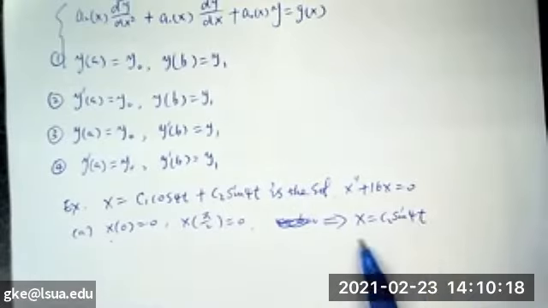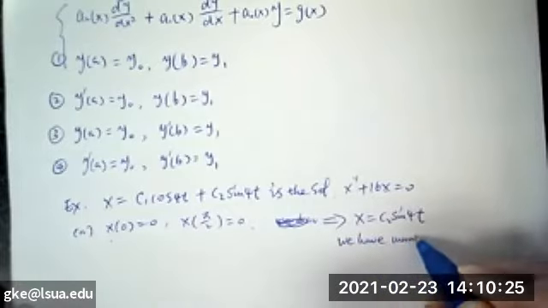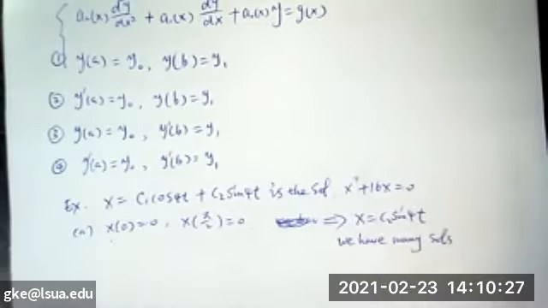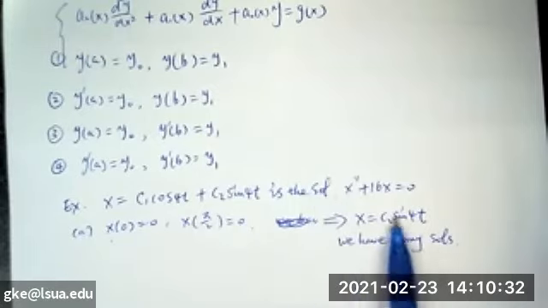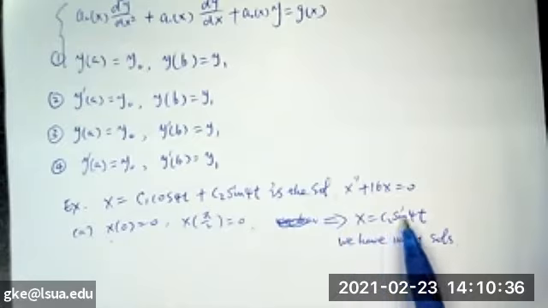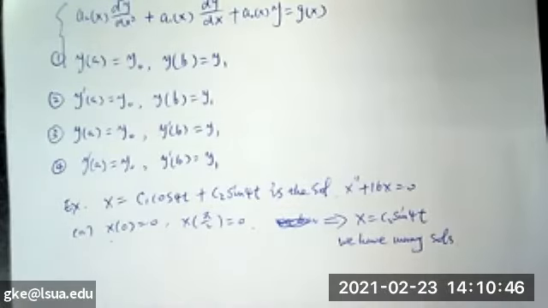And that means we have many solutions. Okay, that's what we did from the last class. Given these 2 conditions, we find that the solution is x equals C2 sine 4t, and that means we have many solutions because C2 can be any real number. Okay, so today we're going to continue our journey.